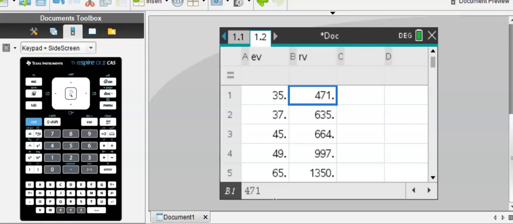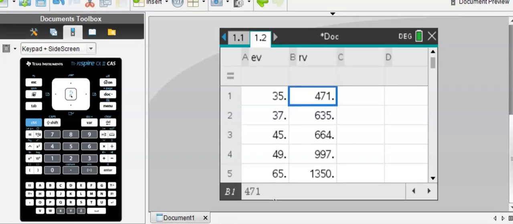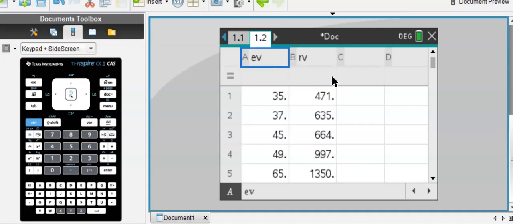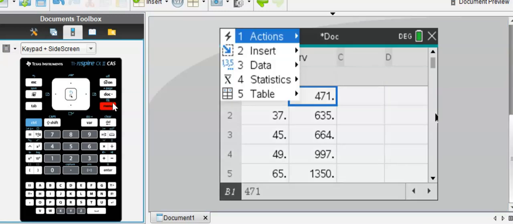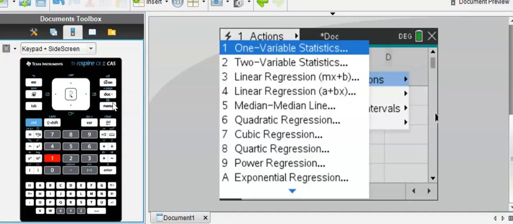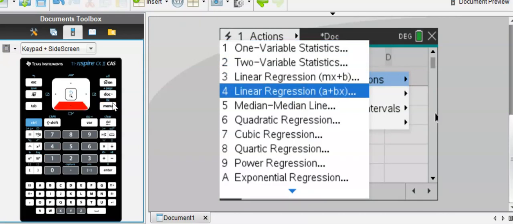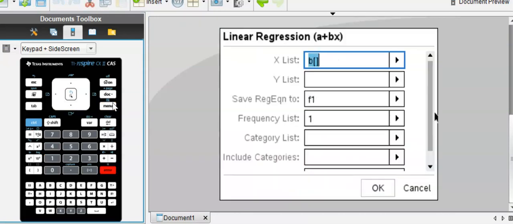And so I've got my data entered in the calculator, and you'll notice there that I have just used the EV and the RV as my variable names, but you can call them egg density, moths, whatever it is that's going to help you remember which one is the EV and the RV. So now we're going to go into our menu, statistics, stack calculations, and then number 4, linear regression.